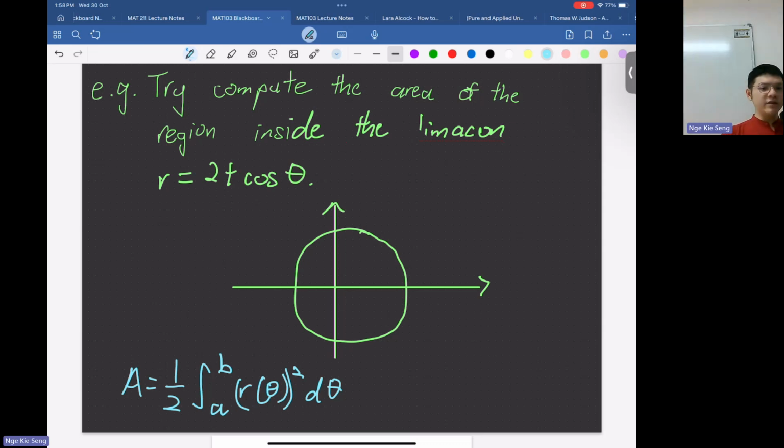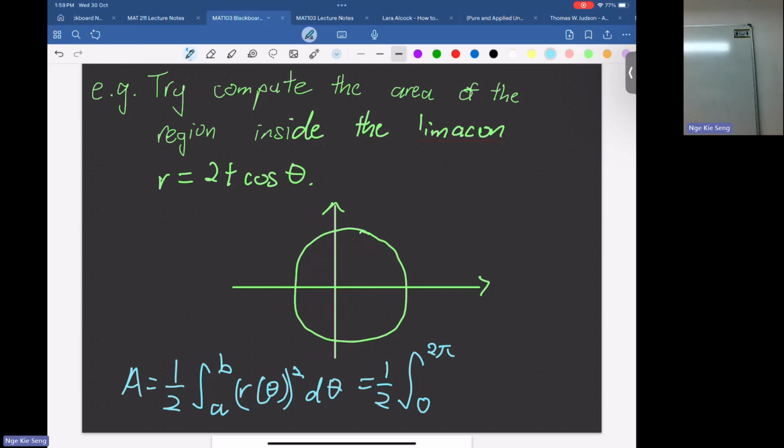Right. So now you need to decide a and b. How to decide this a and b here? You need to look at where your curve starts and where your curve ends. So where does your curve start and end? Sorry, 0 to 2 pi. Okay, so you really need to check whether it starts from 0 and ends at 2 pi or not.